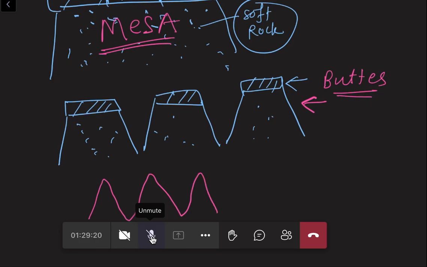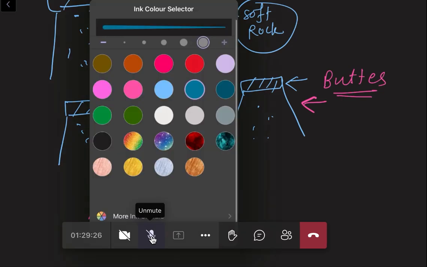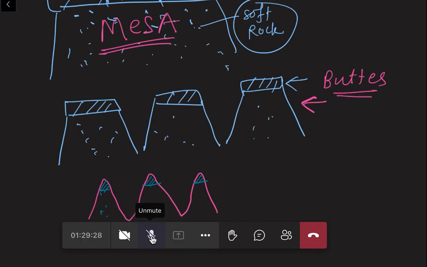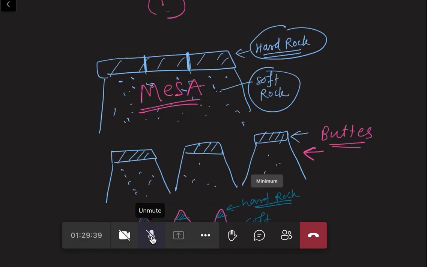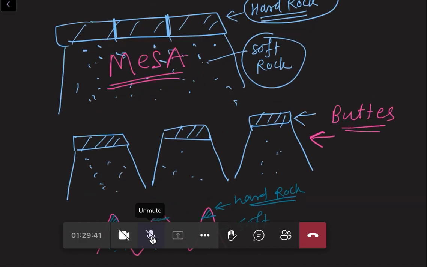At the top of the pinnacle, you have hard rock, but at the bottom you have soft rock. Or the majority of this mountain has soft rock, but at the top you have hard rock. So when you see this kind of structure, you should imagine that earlier this should have been a mesa. This mesa may be eroded into buttes. These buttes lead to the pinnacles.